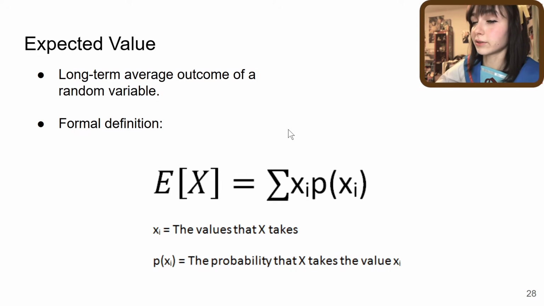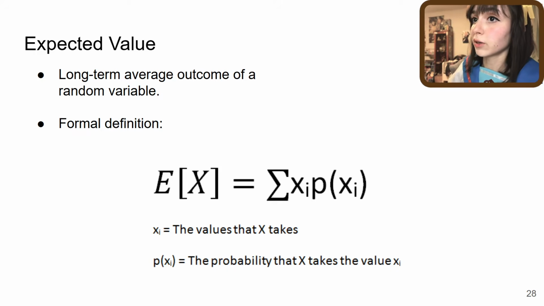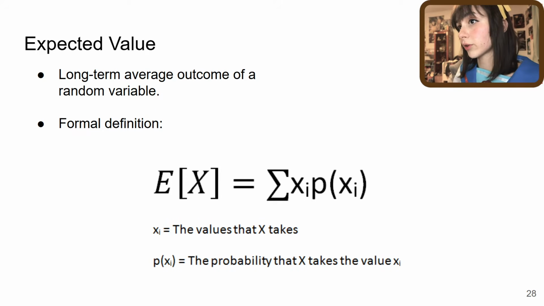And its definition is basically that it's a long-term average outcome of a particular random variable. In this case, our random variable was watching Haruhi, for example, or the money made by Haruhi per wager whether they watch Haruhi or not. But yeah, I hope that makes sense. The important part here is that the definition of the expected value is the value itself times its probability.